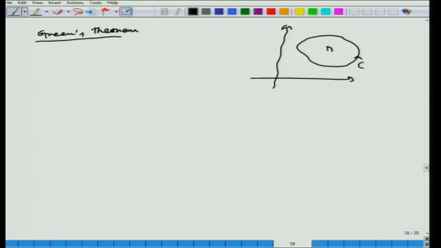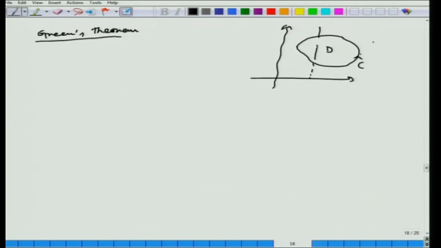Here we will take a very special case where any vertical line like this cuts at most 2 points, like here it cuts only at one point, or here it cuts at one point, and similarly the horizontal lines, the lines parallel to the axes, cut the area D at most at 2 points.